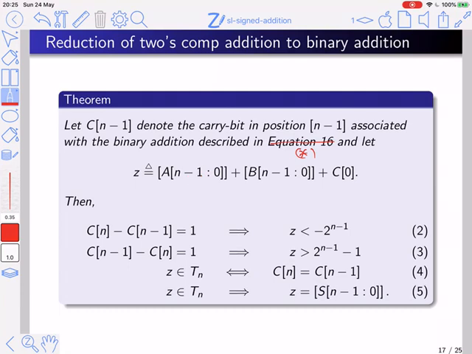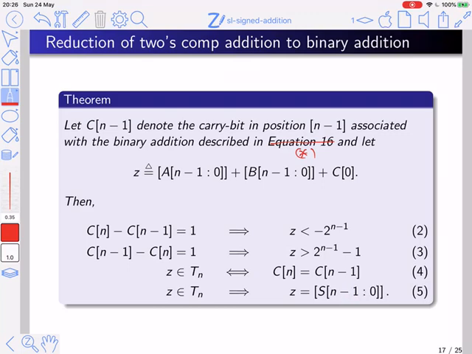The theorem tells us that if the two carry bits Cn and Cn-1 are equal, then the desired sum is representable by Tn, and if Z is in Tn, then the two carry bits are equal. And if Z is indeed in Tn, then Z will be represented by S in 2's complement representation.